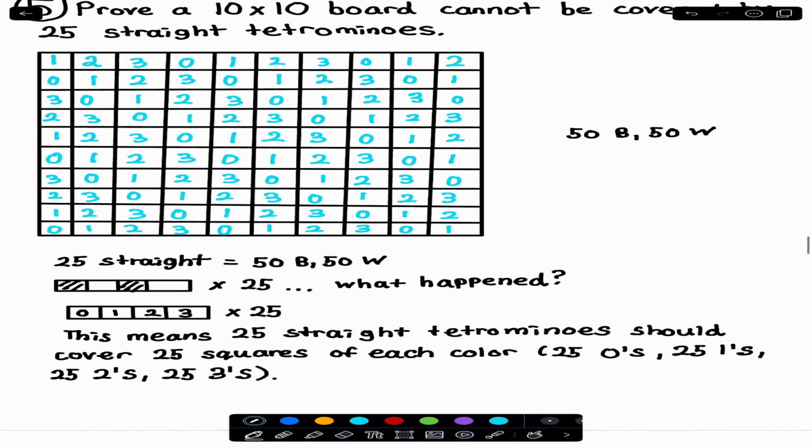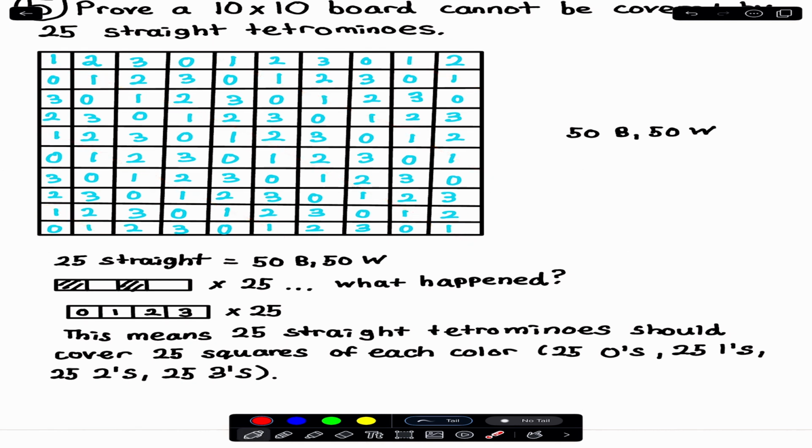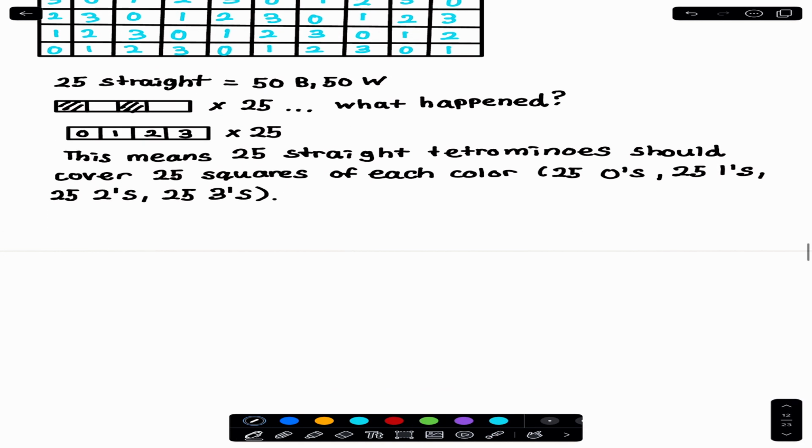But the cool thing about this coloring going diagonally is that if you actually count how many ones there are on this board, there are not 25 ones. Wow.